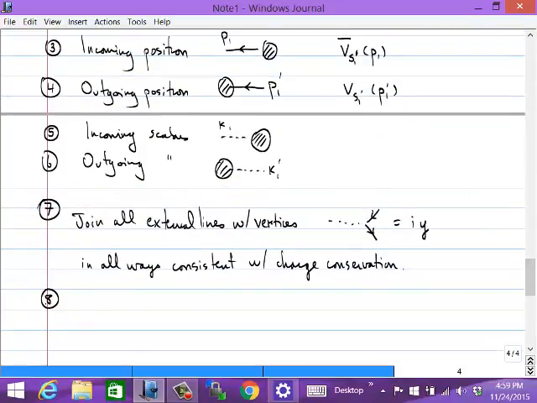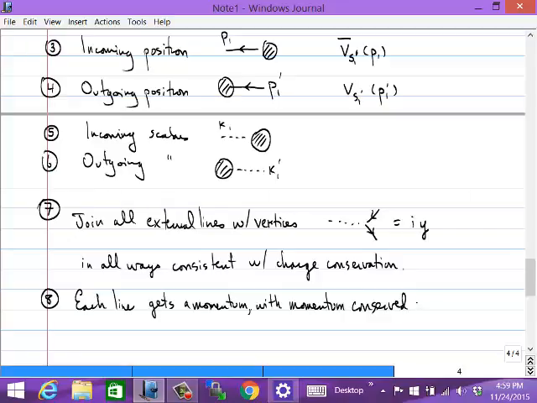And now let me just finish stating the Feynman rules. These are things that you already know. Each line in a Feynman diagram gets a momentum, and momentum is conserved at interaction points.